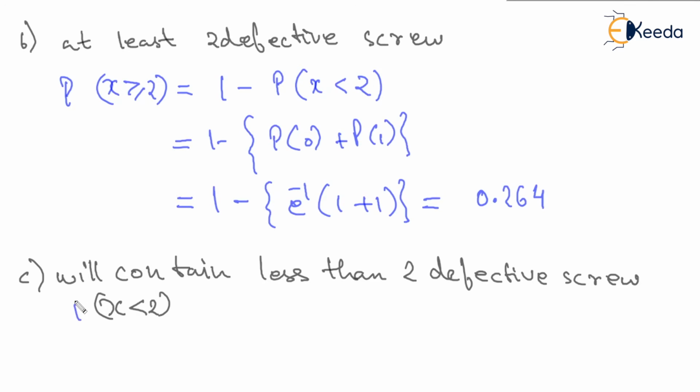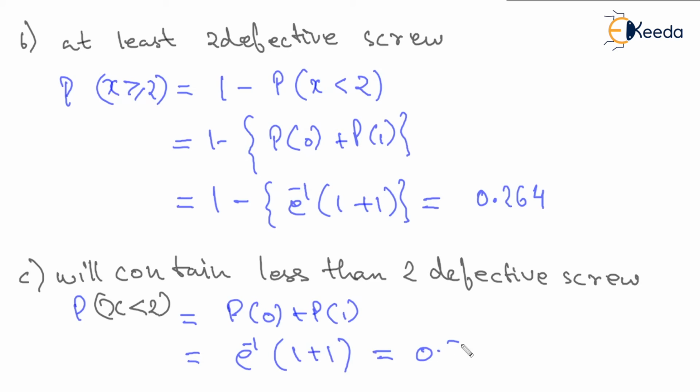So for the probability of x less than 2, this will simply be P of 0 plus P of 1, and we know that this is nothing but e to the power minus 1 times 1 plus 1, which is 0.7357.